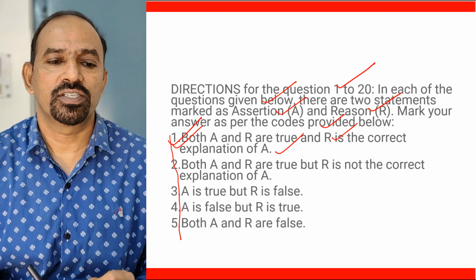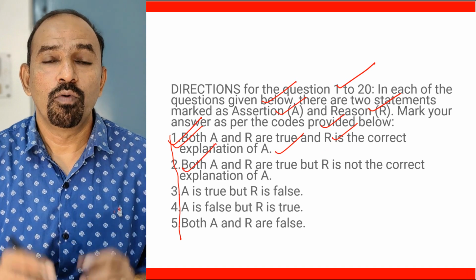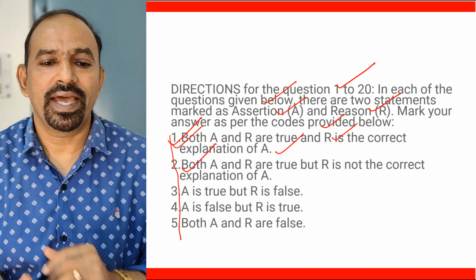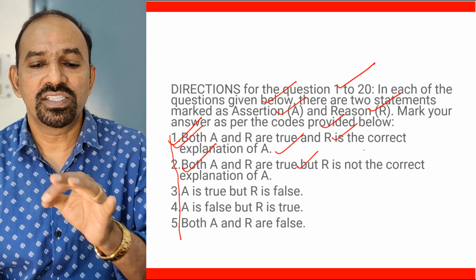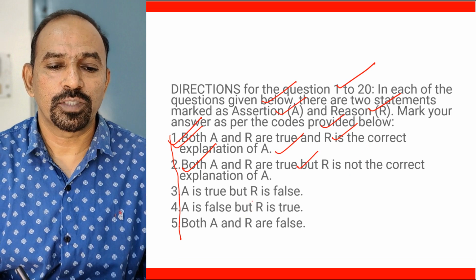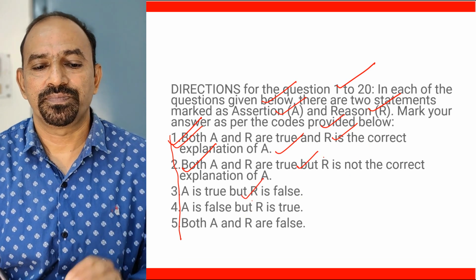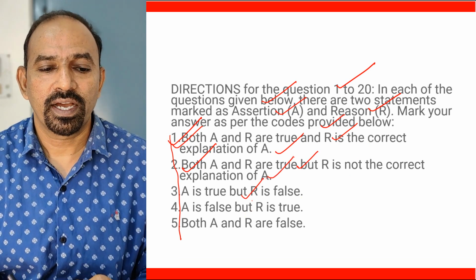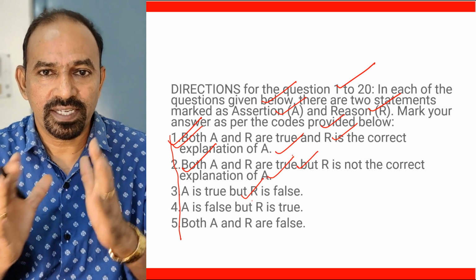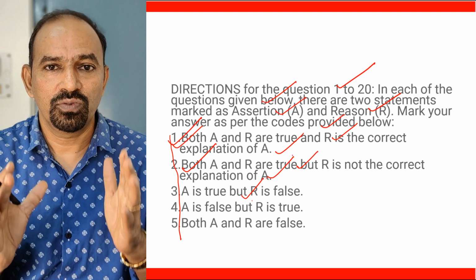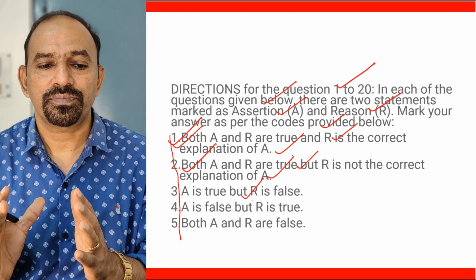Look at the second scenario. Both assertion and reason are true, but reason is not the correct explanation of assertion. This is the second scenario that you have to choose.